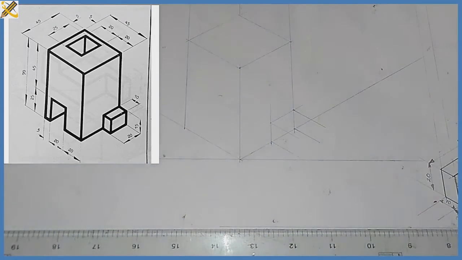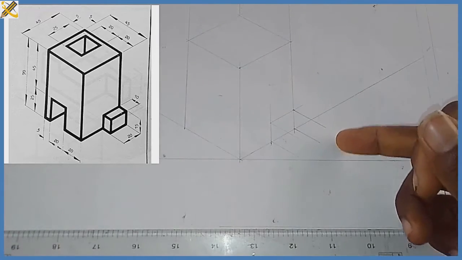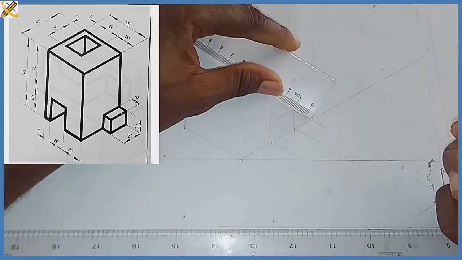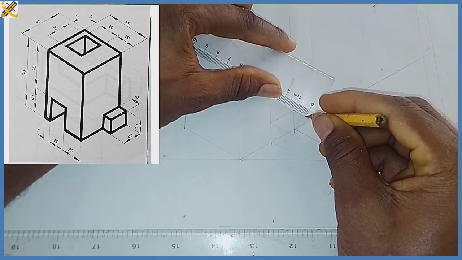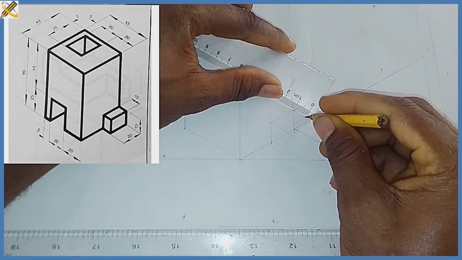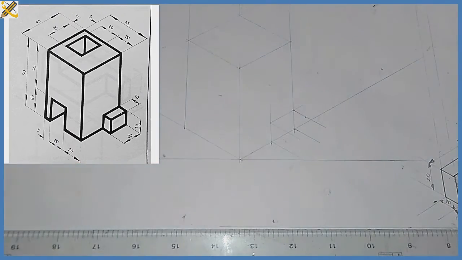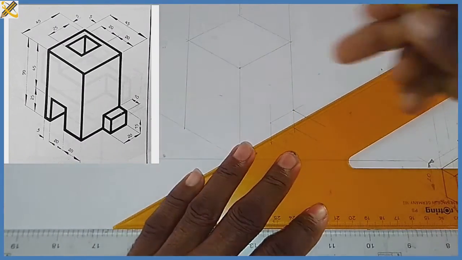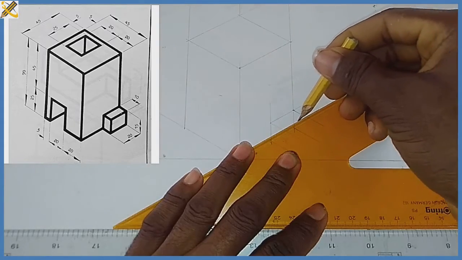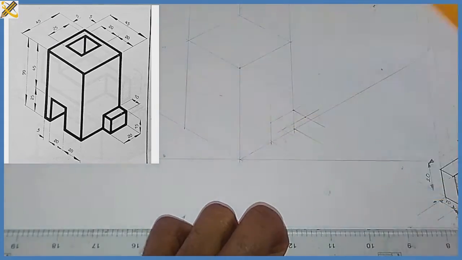Okay, so what's the thickness coming out here? It is what? 10 mm. So with my ruler, I measure what? Mark of 10 mm, which is that over there. So having that, I'm going to place this on mark of 10 mm, project it in this manner right there, as you can see.